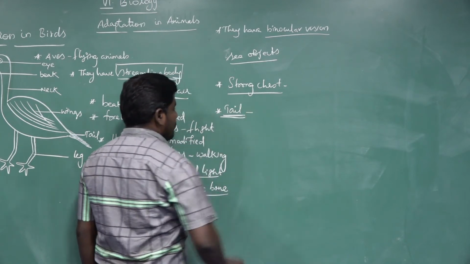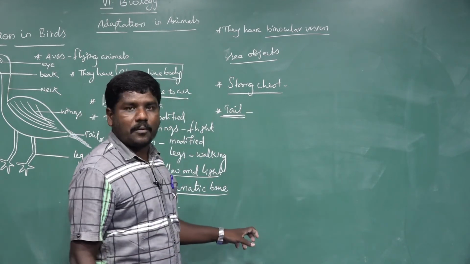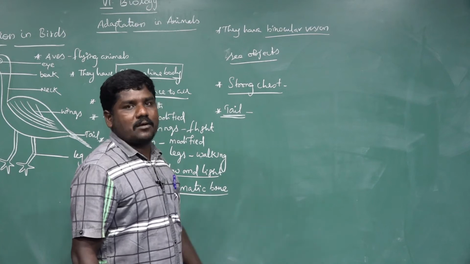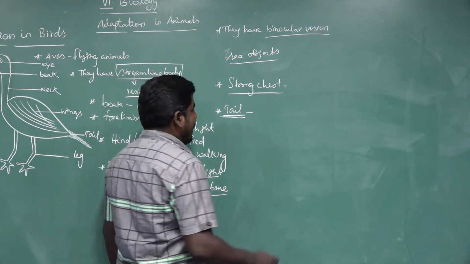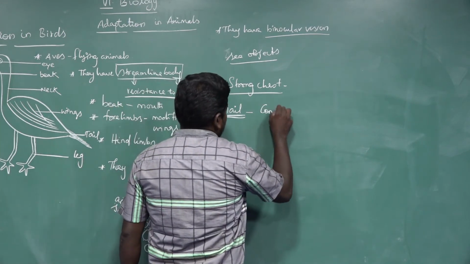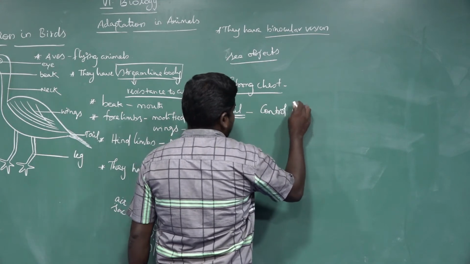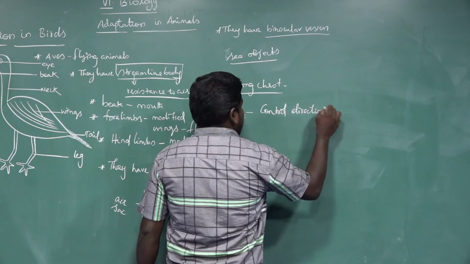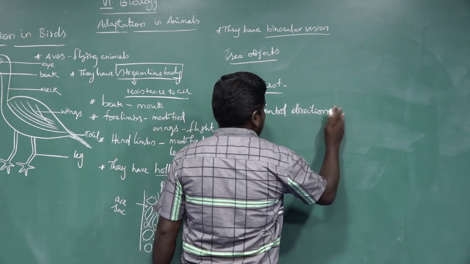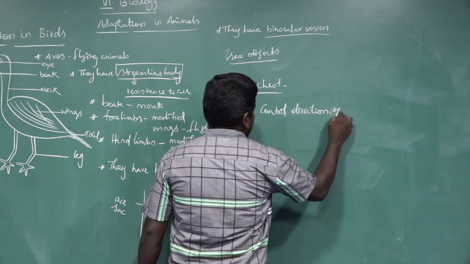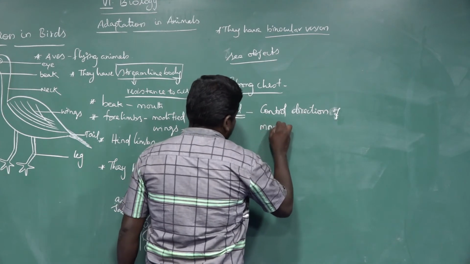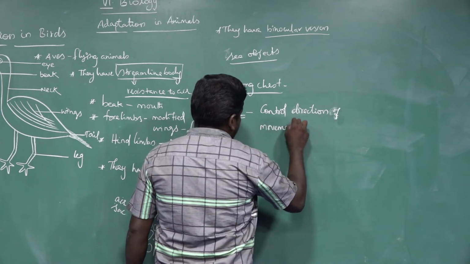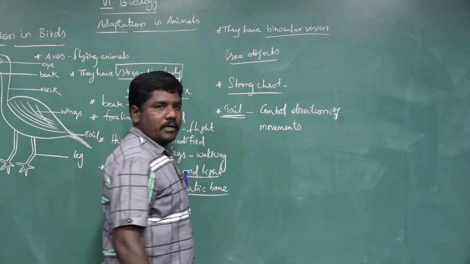The bird's tail helps control the direction of movements. So that is an important function. Control the direction of movement. So that is an important one.